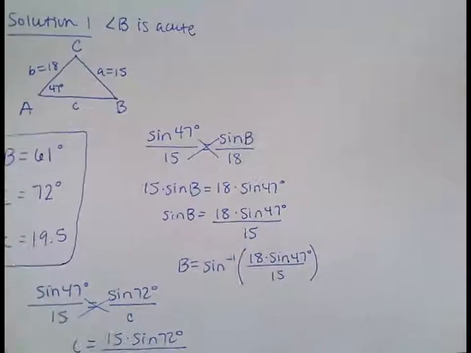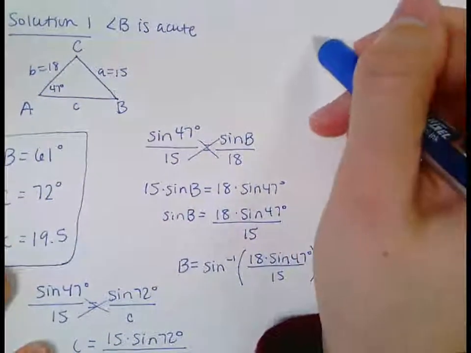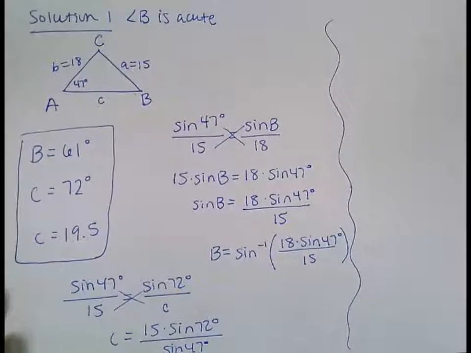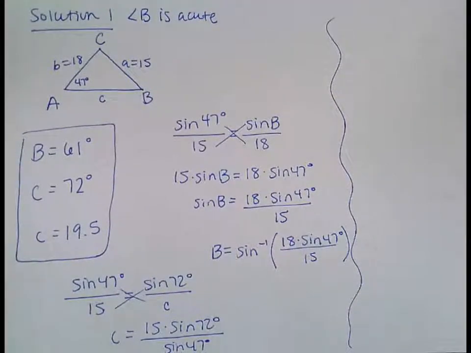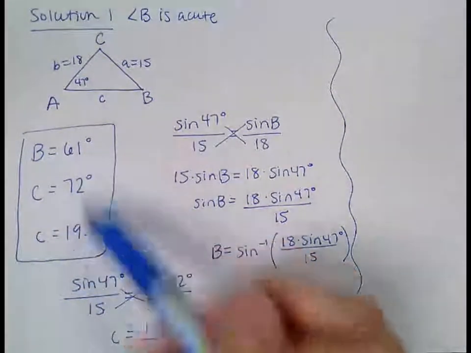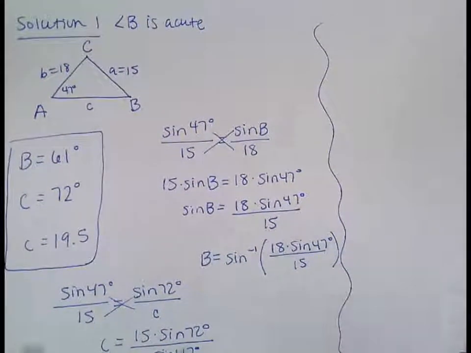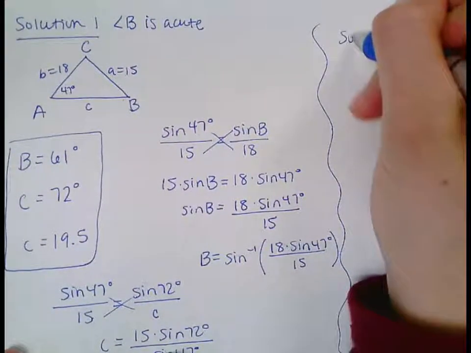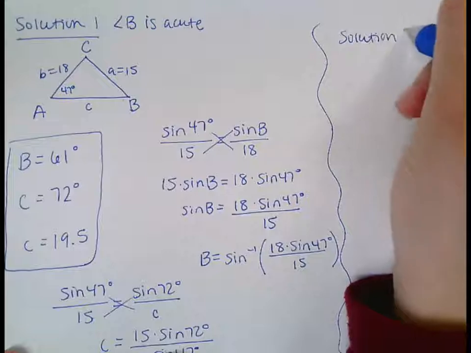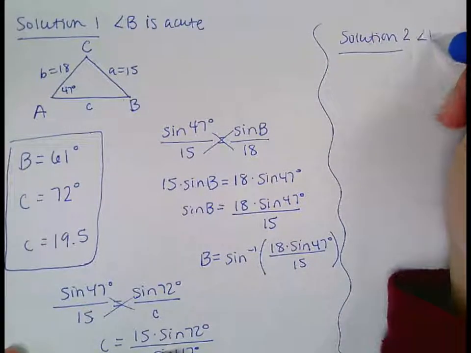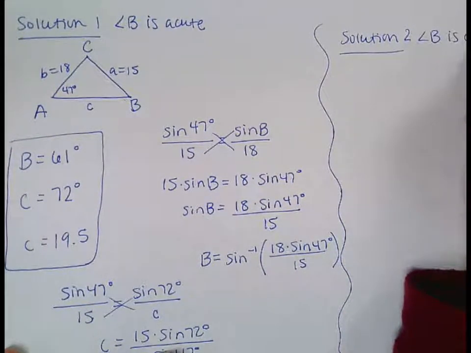All right, there is another solution, which once you have solution 1, solution 2 is quicker to find what's missing. But I want to make sure you understand how to get it. So solution 2 is as if angle B is obtuse.